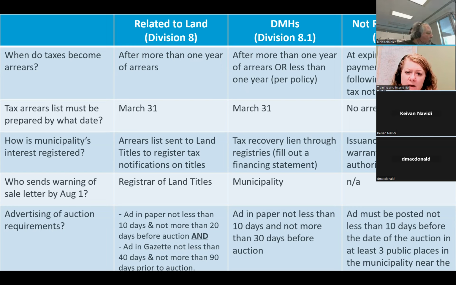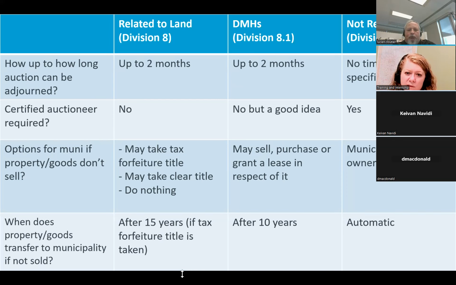So if anyone's interested in filling out their table just to help their understanding, I can send those out to folks later on, or you can give me a call to get these charts. I just think it's helpful to compartmentalize the three different methods by looking at these different questions for each one.